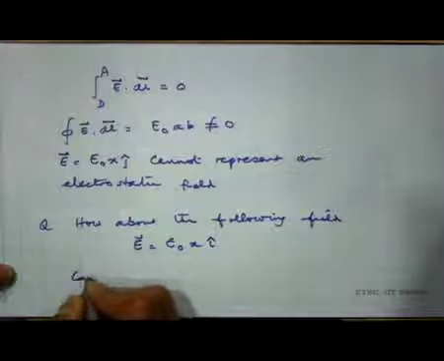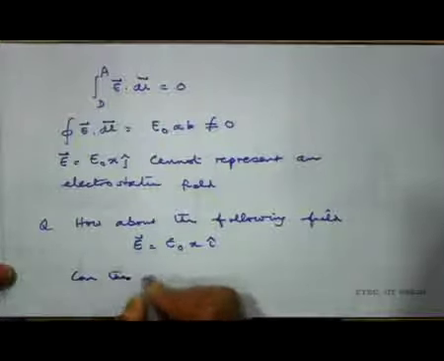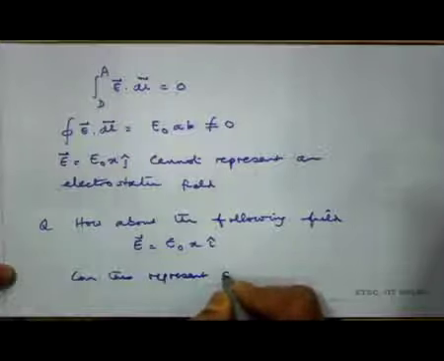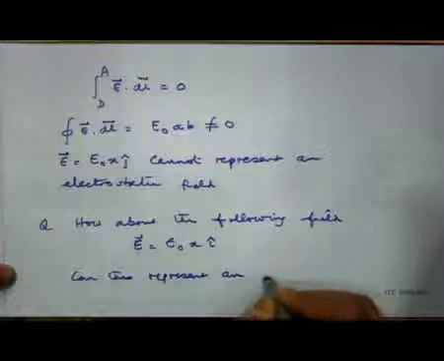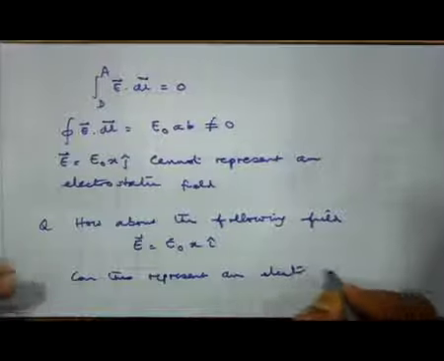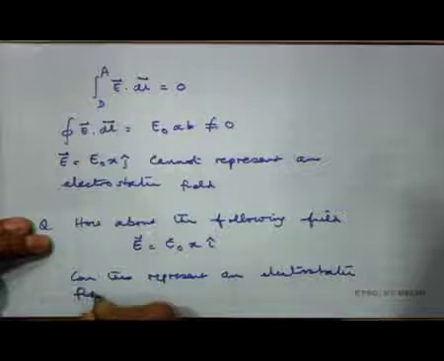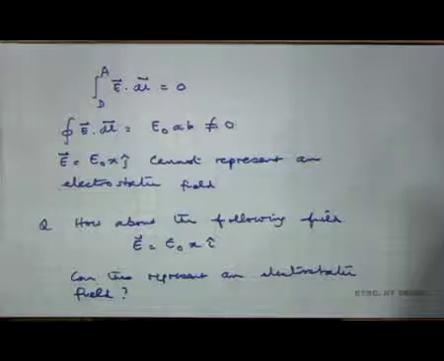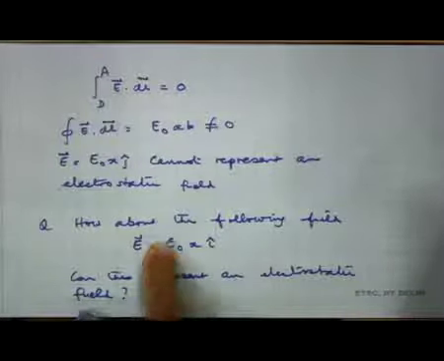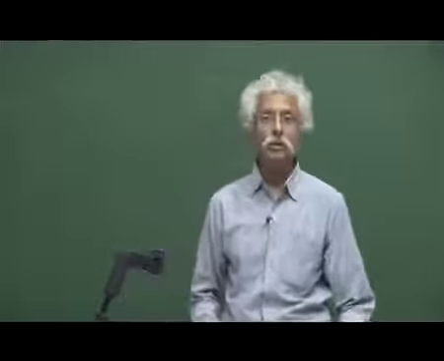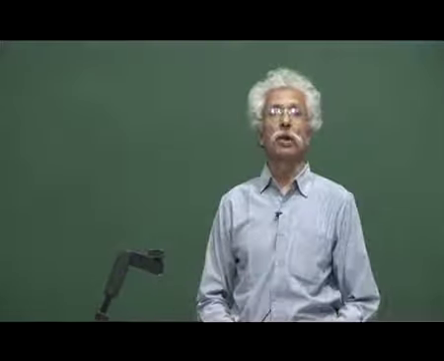Can this represent an electrostatic field? Please work out in a similar fashion as we have done and find out whether this particular field can represent an electrostatic field. You follow the same procedure as we have done and you will be able to find out.